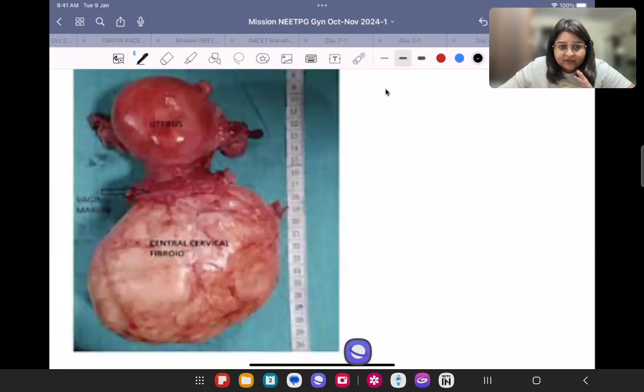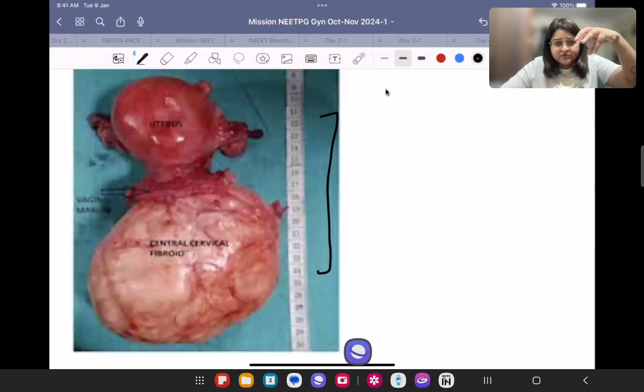This is a picture showing a large cervical fibroid. What is the typical way to describe this? Anybody can tell me? The uterus, chota sa uterus sitting on top of a large fibroid. It has a classical description. It's given in Shaw's.